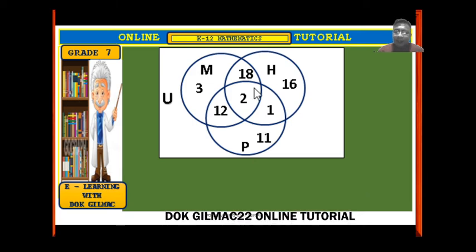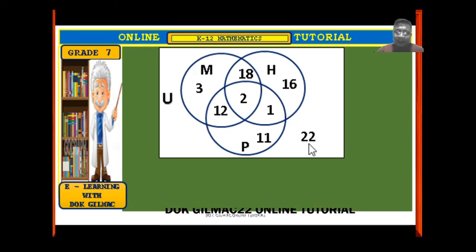Then, physics, we have 14, 15 plus 11, 26 students who like physics. Now, out of 85, there are actually 22 students who don't like the three subjects.